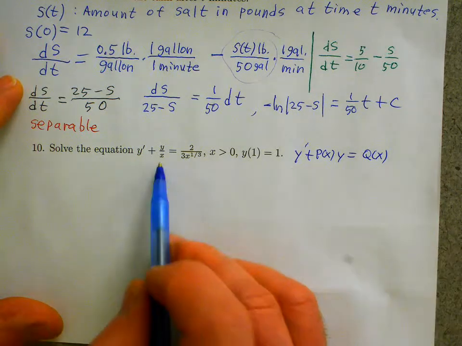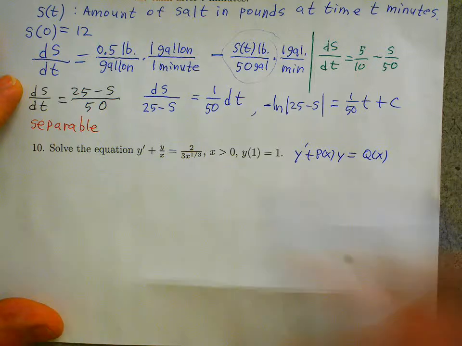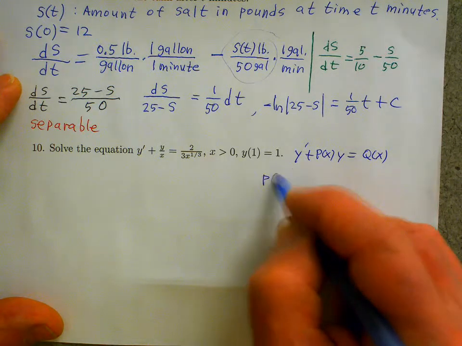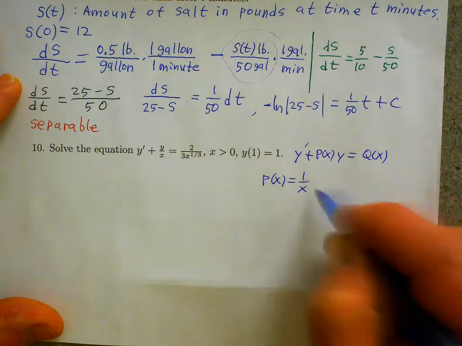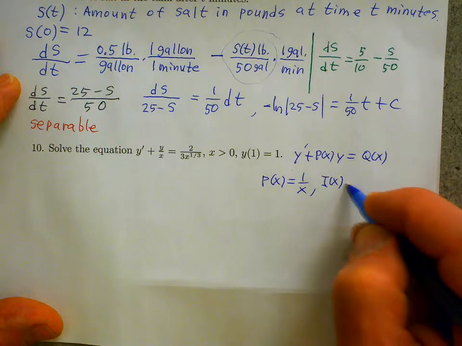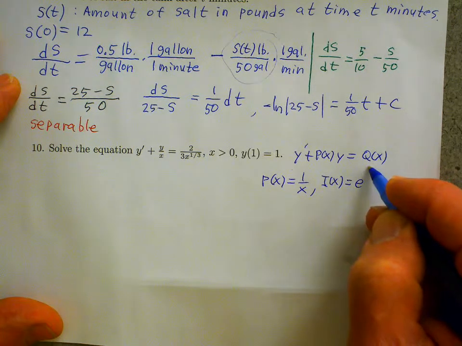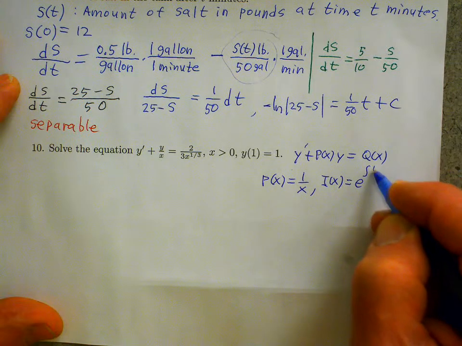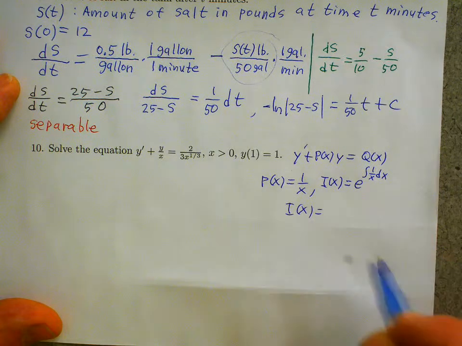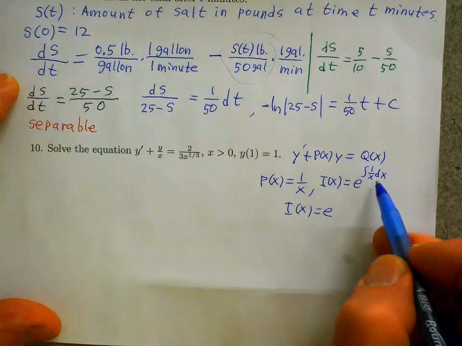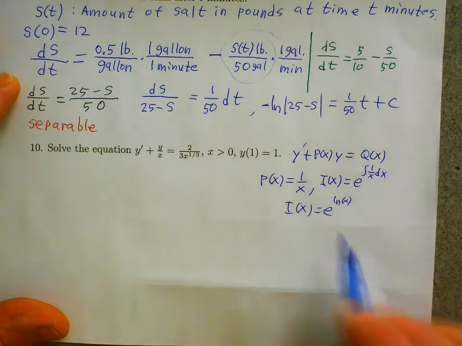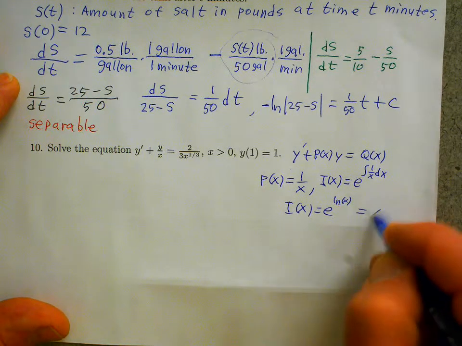So it's a first order linear. And so our p of x is 1 over x. And so our integrating factor is e to the integral of 1 over x dx. An antiderivative of 1 over x is the natural log of x. And e to the natural log of x is x.